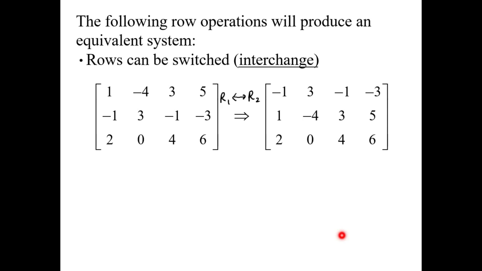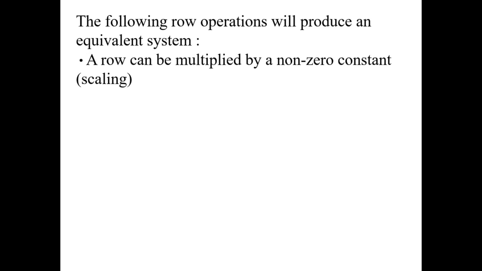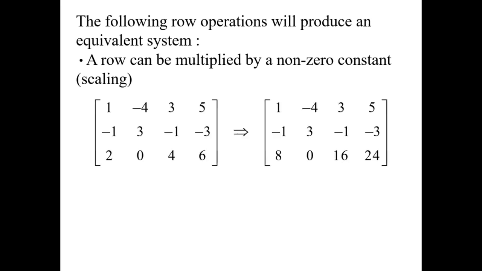So the first row operation is an interchange. The second operation is where a row is multiplied by a non-zero constant. This is called scaling. Notice in this example, the bottom row changes. This time it looks like every entry in the bottom row is multiplied by 4. So in this case, row 3 turns into 4 times row 3, because each entry in row 3 is multiplied by that 4.